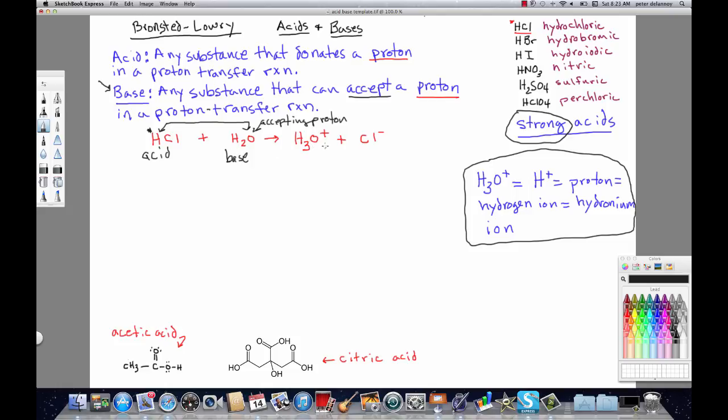Now, when we look at the right side of the arrow and we evaluate the two things that were produced in the reaction, you can see that by definition the H3O plus is acidic because it has a proton that can be donated to something else. And so this thing is actually an acid, but instead we're going to call this a conjugate acid.